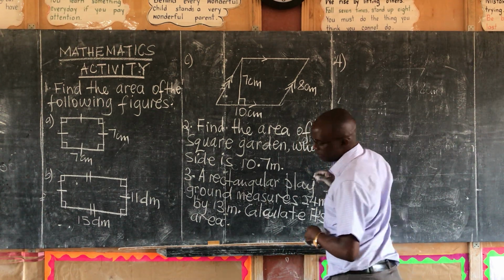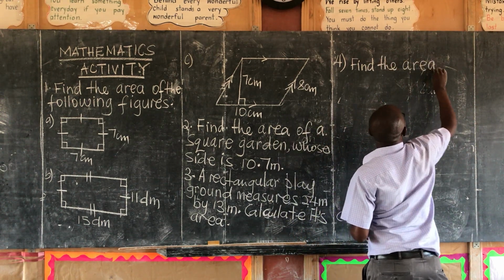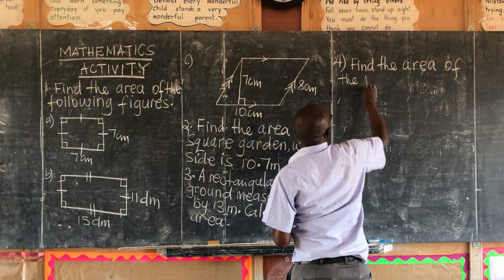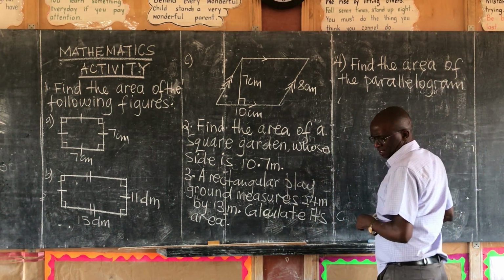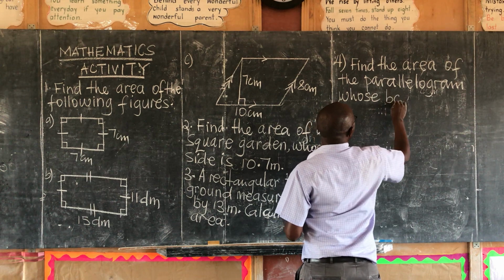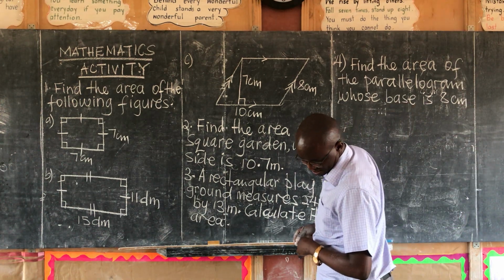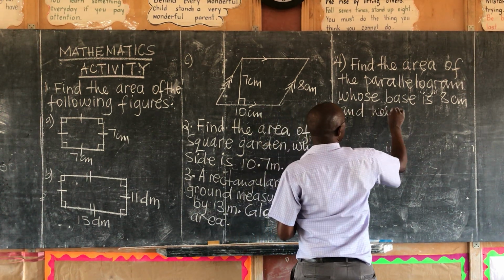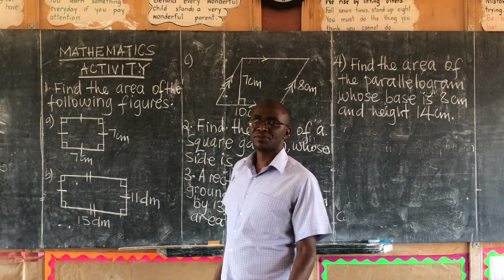Find the area of a parallelogram whose base is 8 centimeters and height 14 centimeters. Yes, the height is 14, so you find the area of that parallelogram.